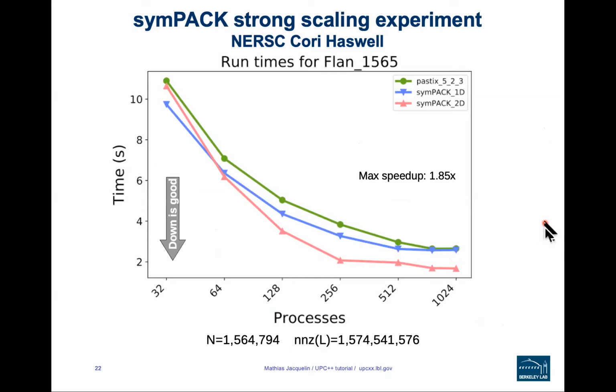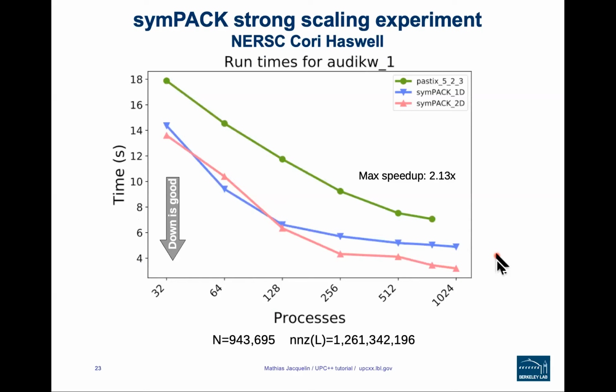For the Flan 1565 matrix on Cori Haswell, we see that the 1D data distribution was already slightly outperforming PASTIX, but the new 2D data distribution achieved a speedup of 1.8x, which is excellent. For the Audi KW1 matrix, we have a similar, if not better, trend, where the maximum speedup is 2.13x.